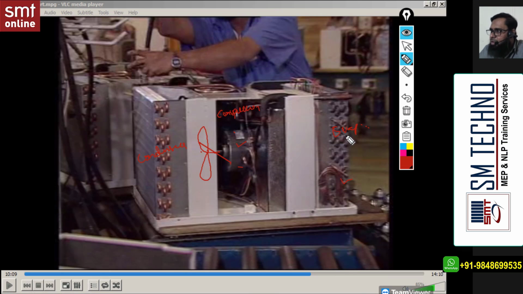Okay, so the four components, and you know the cycle. If I draw the line, this part will be outside the building, and this will be inside the building. This part will suck the air from the room, and this fan will suck the air from outside and throw it on this condenser to cool the condenser to get the refrigerant in liquid state.